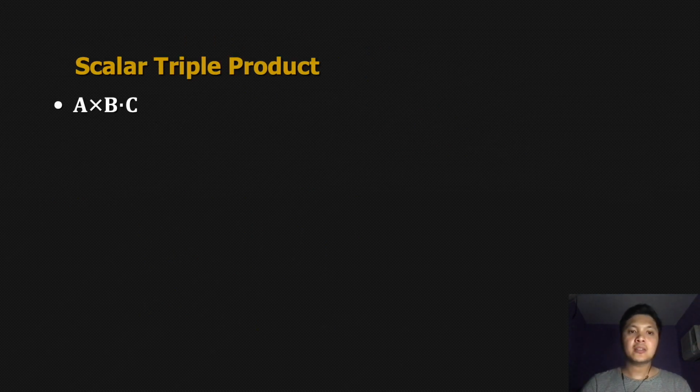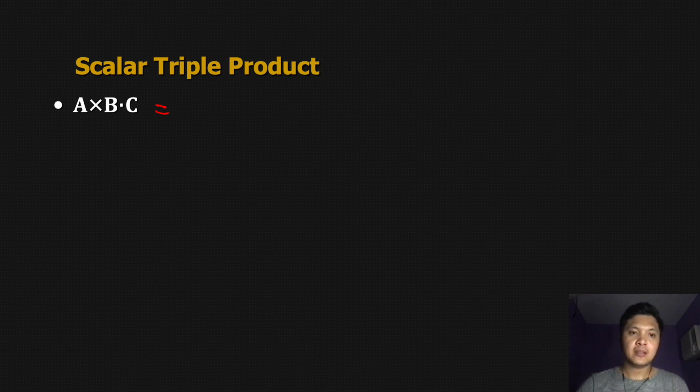Next is the scalar triple product. It's a combination of a cross product and a scalar product. First you have to cross A and B, and then multiply it with C using the scalar product. But a faster way to do that is to use the matrix notation.